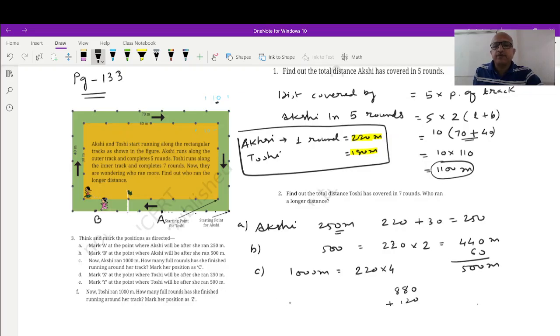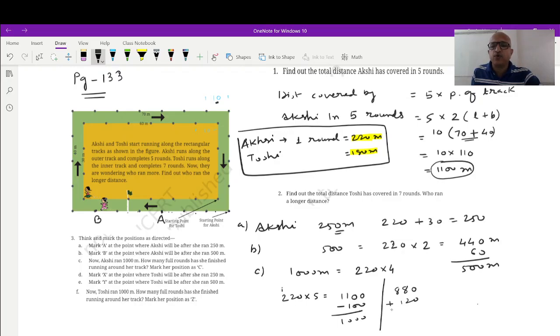Or what you can do, 220 into 5. How much are we getting? 1100. So we want 1000. So we can subtract 100 to get the 1000.